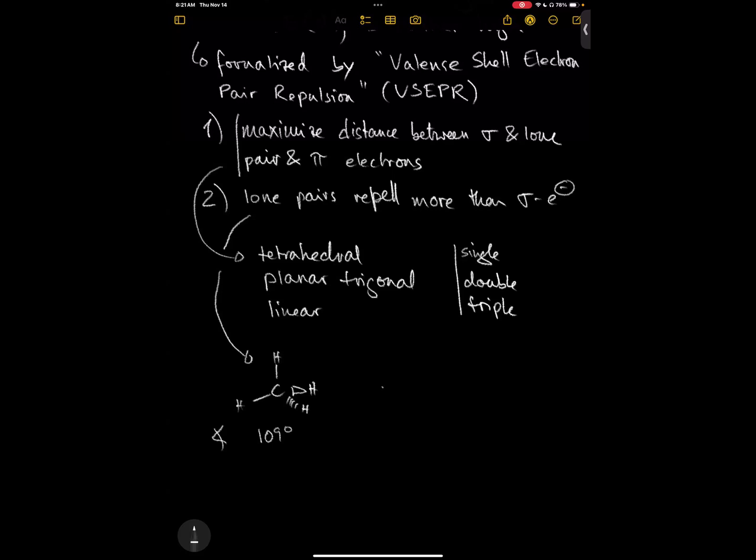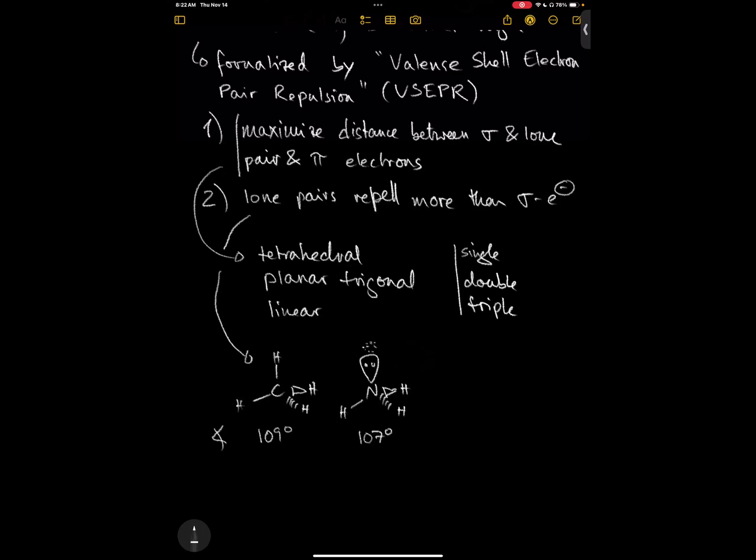If I compare this to ammonia, they have a lone pair, and this angle is now decreased to 107 degrees, implying that this lone pair has no bonding partner, right? As opposed to methane, there's not an atom up here attracting the electrons. You're missing that.